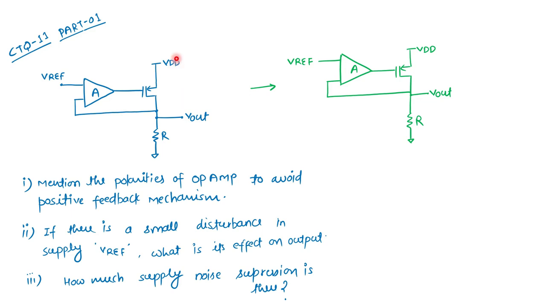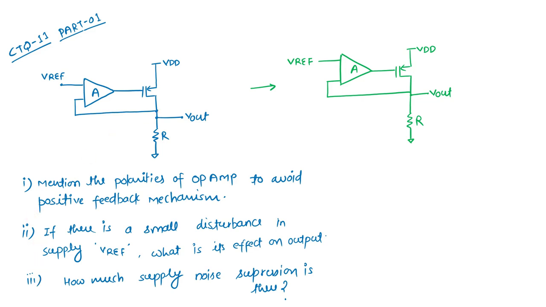Okay, so if this gain from the supply noise perturbation to the output is very small, it means for a particular input perturbation, we are having less effect on the output. We can say this way. So this is nothing but supply rejection.